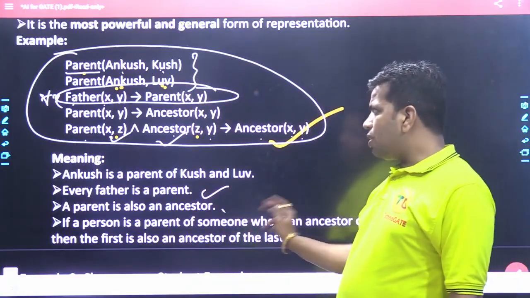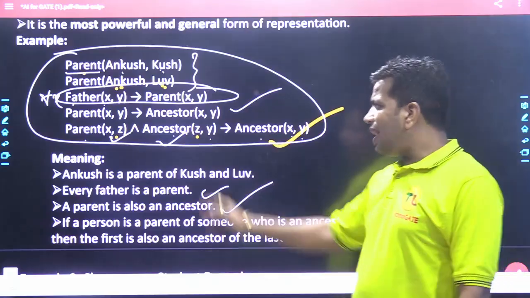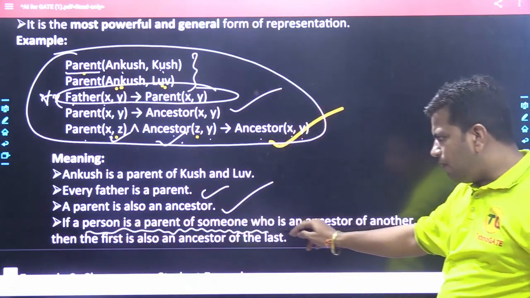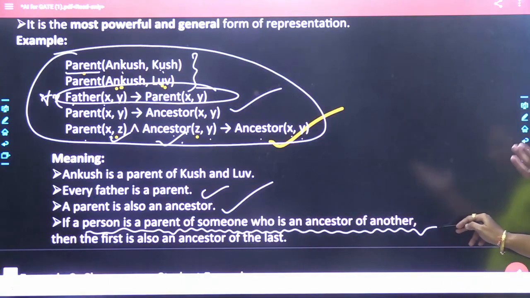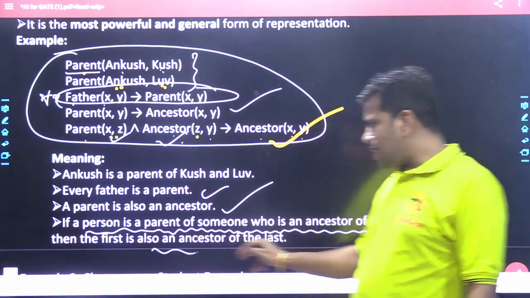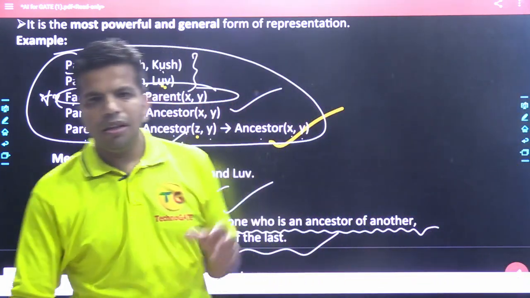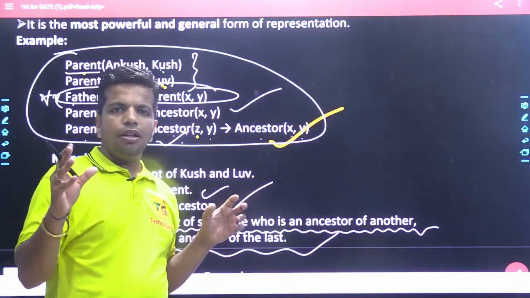A parent is also an ancestor. That would be the next line. And the last one says that if a person is parent of someone who is ancestor of another, then the first is also the ancestor of the last. Like the grandfather relationship, X is parent of Z.